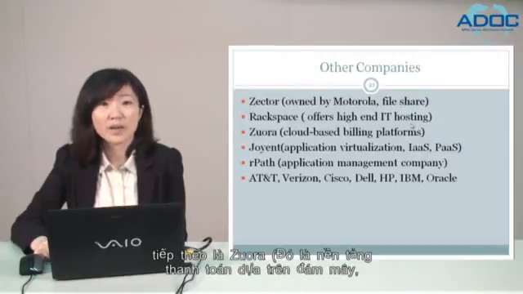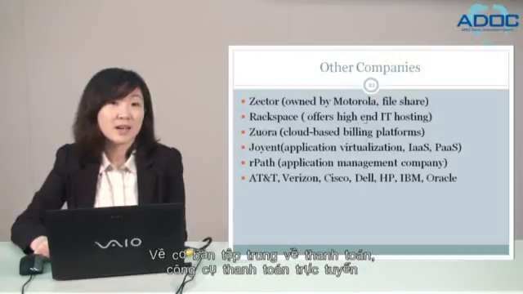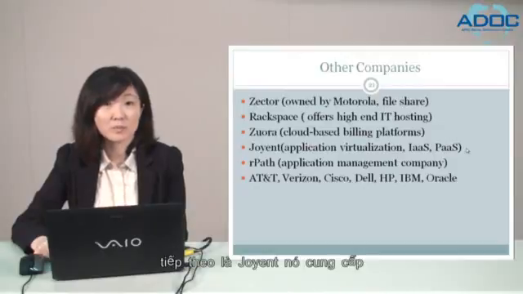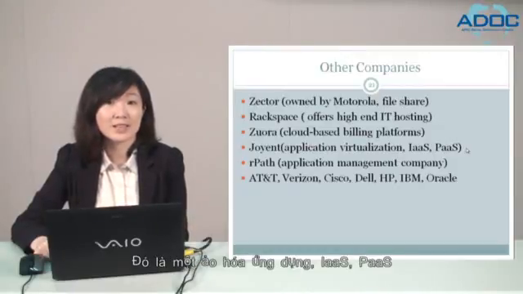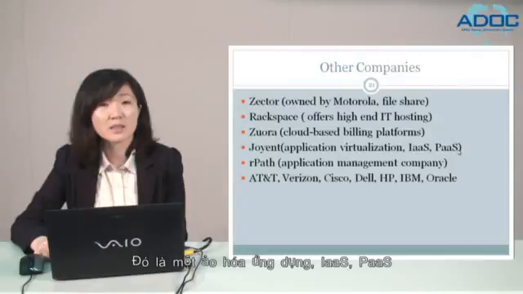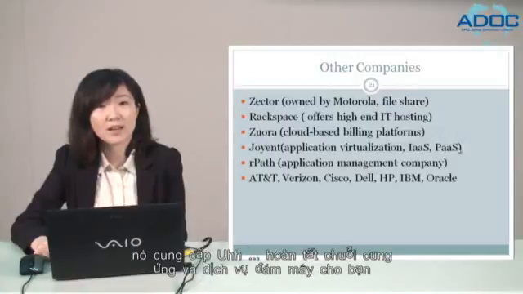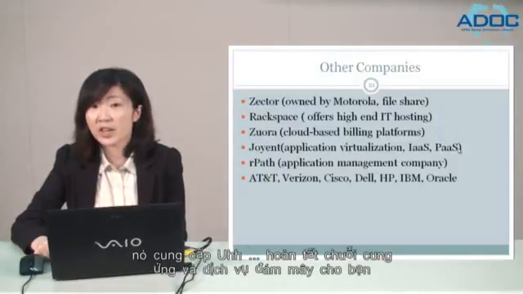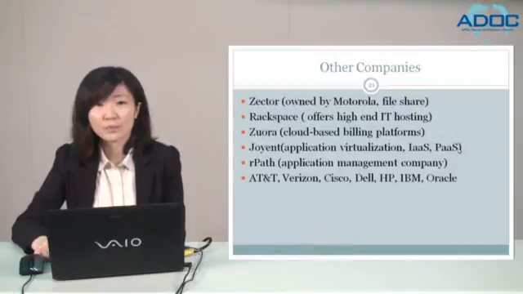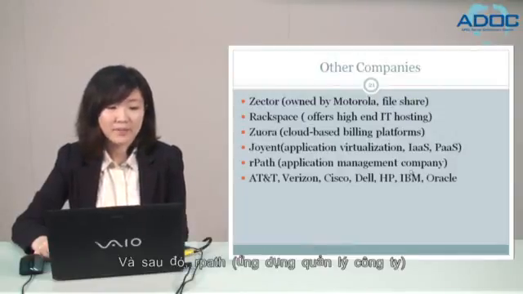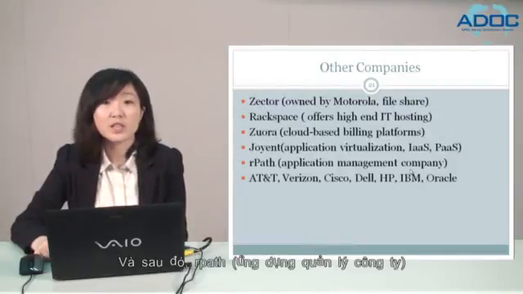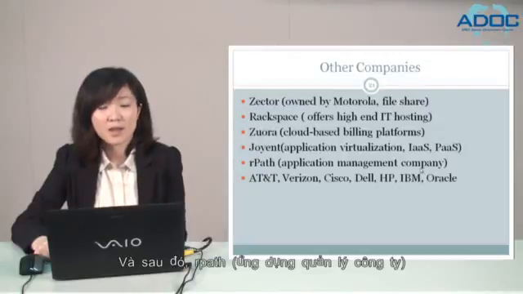It's a cloud-based billing platform, basically focused on online payment. The next one is Joyent. It's application virtualization, IaaS, PaaS. So I believe this one is similar to Amazon. It provides a complete supply chain of cloud services to you. And then RPaaS, an application management company.